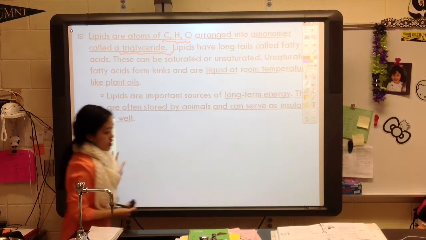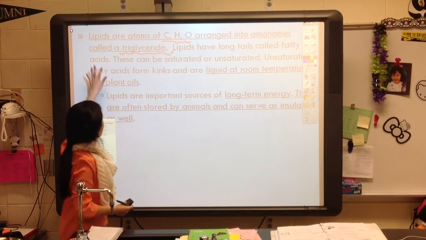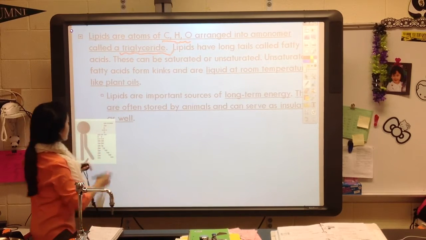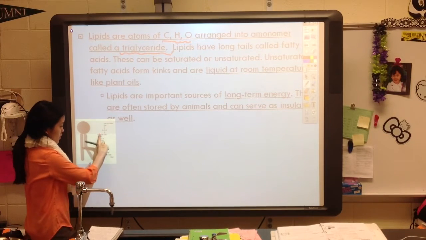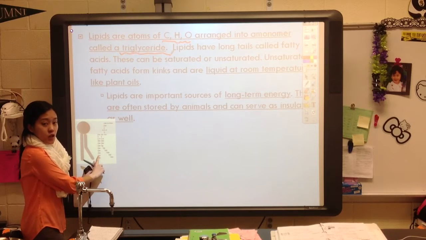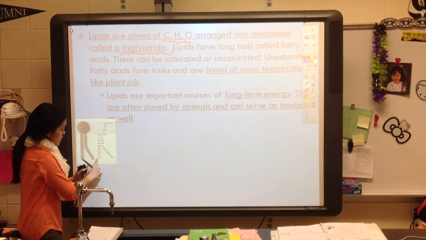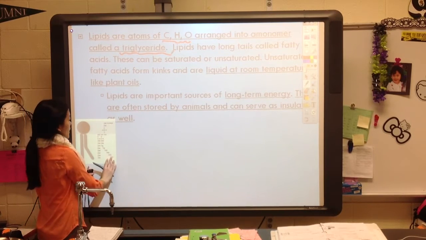Lipids have long tails called fatty acids. In your picture right here, you have a picture of that molecule and a picture of the elements that make it up. If you look closely, you can see C, H, O, C, H, O, C, H, O. Those are the elements making it up.